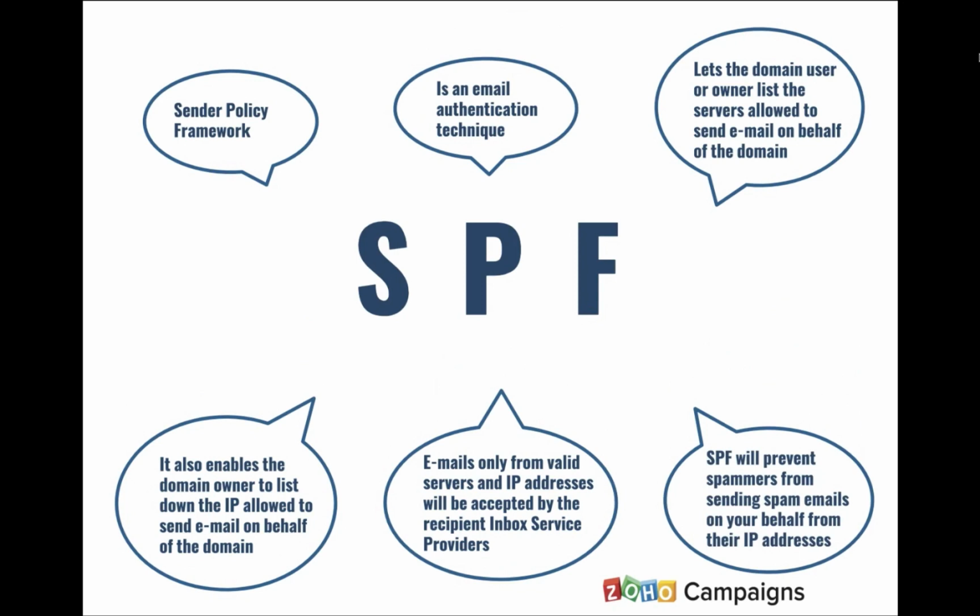This prevents spammers from sending spam emails on behalf of a particular IP address. Like if you do SPF domain authentication, then your sending IP address and your domain will be safe, and spammers cannot send emails using this particular domain or IP address.